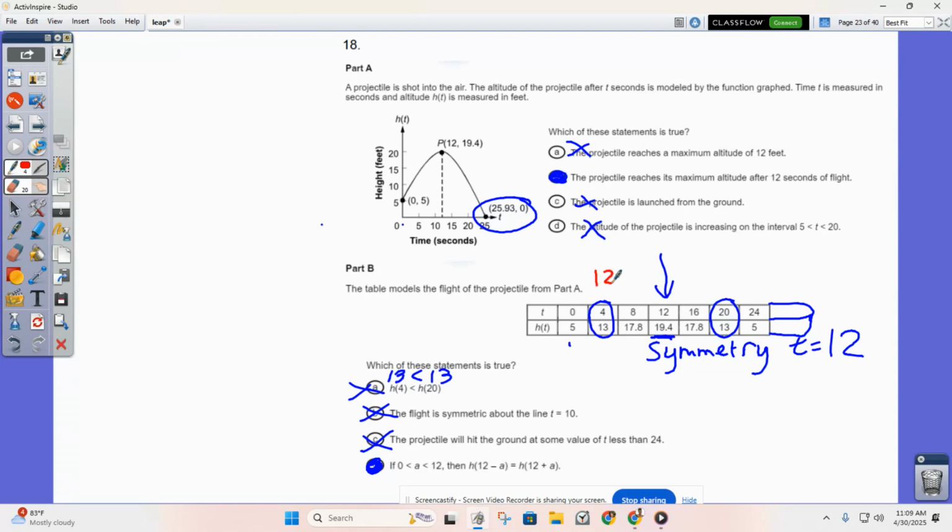If I did 12 minus 8, I got 4, which is this output. If I do 12 plus 8, I get 20, which is this one. And the value of the function is equal at those points. That's what this is saying right here: if I go from my line of symmetry to the left a certain number and to the right the same number, my output value is going to be the same.